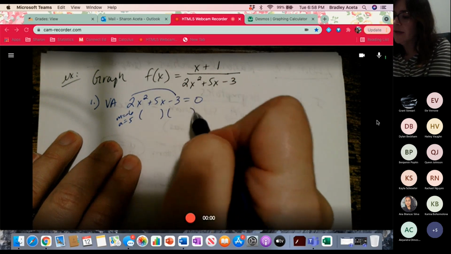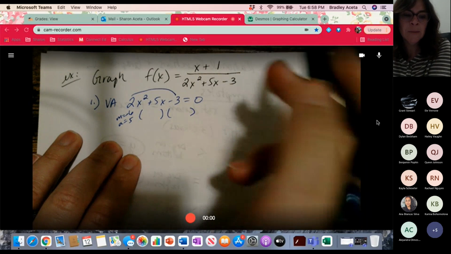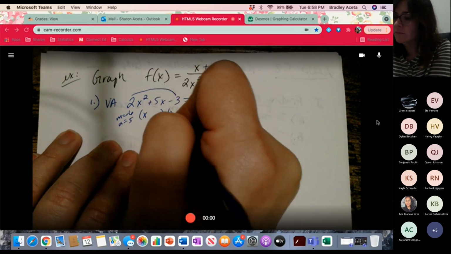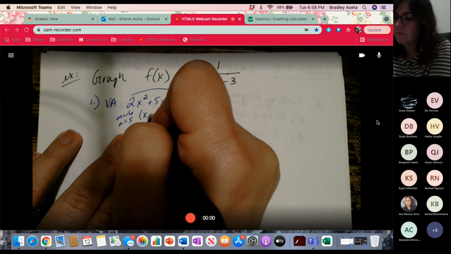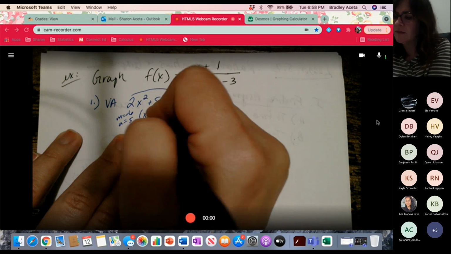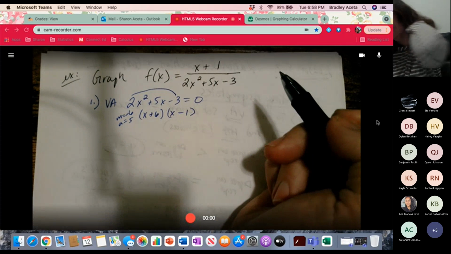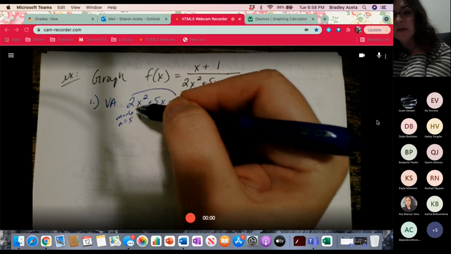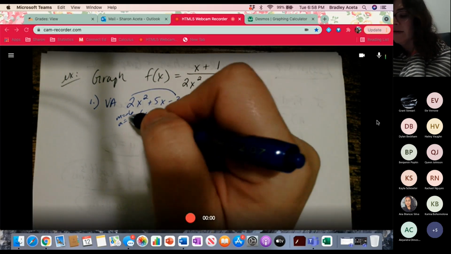So the two numbers that multiply to negative 6 but add to 5 would be... Why am I not thinking right now? Positive 6 and negative 1. Yeah, there we go. 6 times negative 1 is negative 6. Positive 6 and negative 1 add together to be 5.